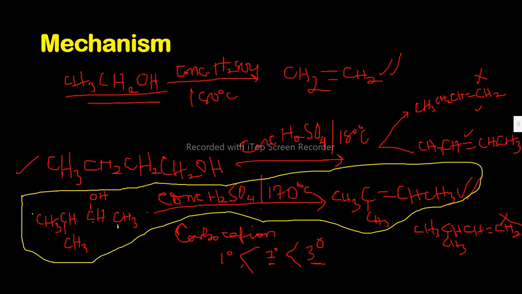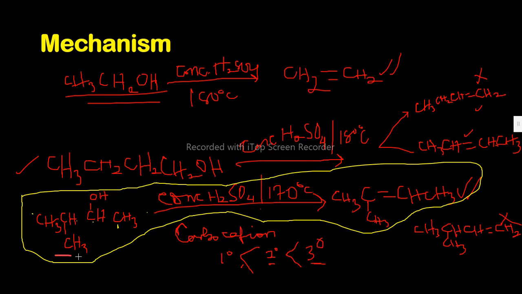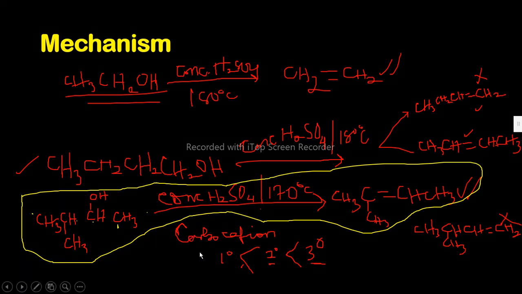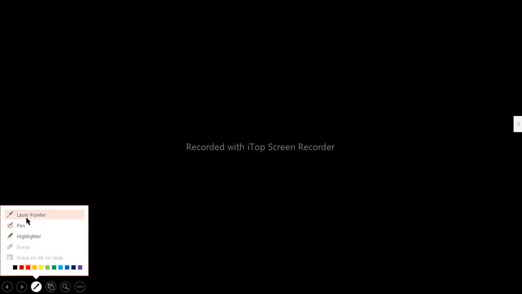Now, like I told you, with this, if you are given this, then the major product cannot be this, but rather the other, because of the formation of the tertiary carbocation, which is more stable than the secondary carbocation. Let's do the mechanism.